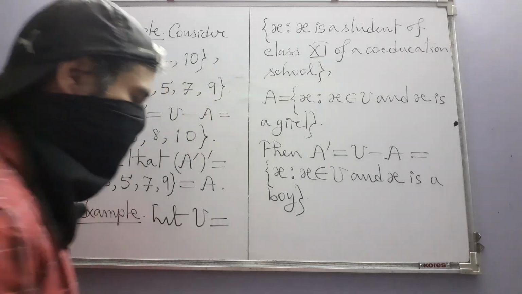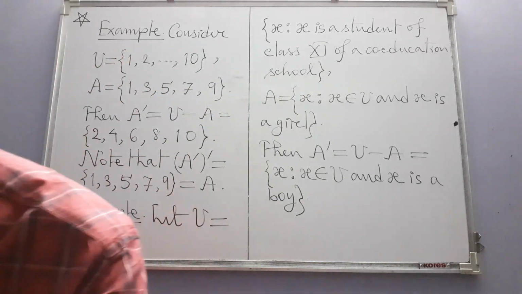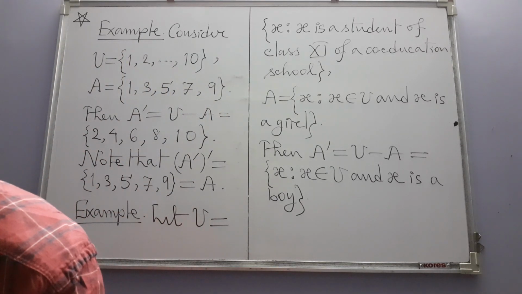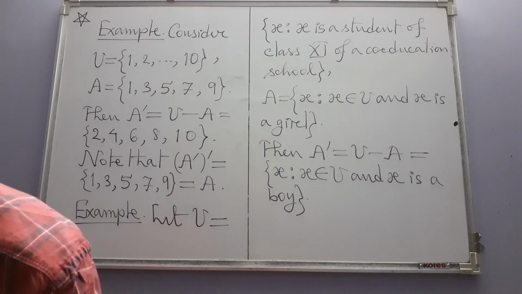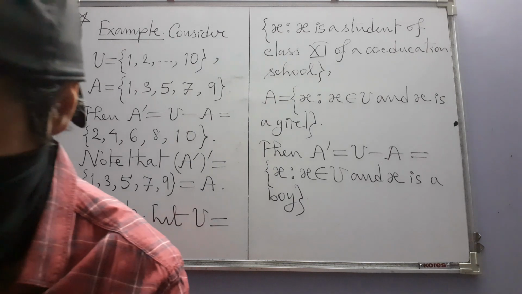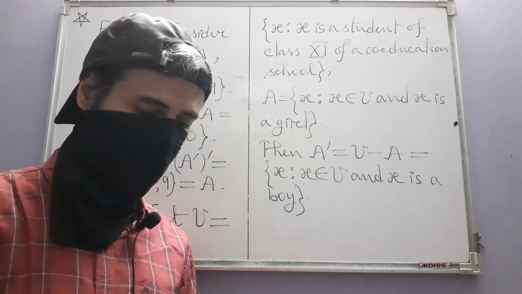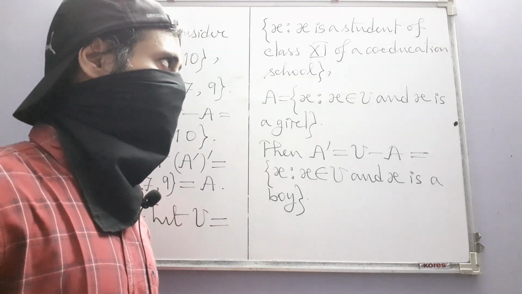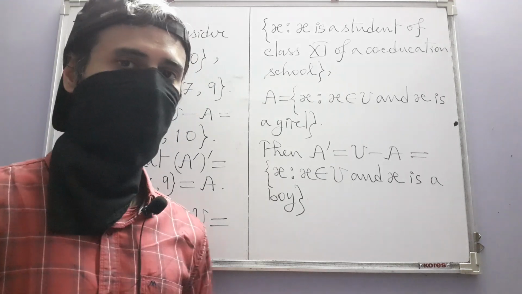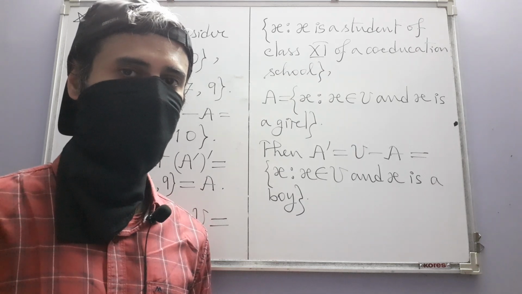Well, there is something to be said about this example. The example actually has assumed that every student in the school is either a boy or girl, leaving out transgenders.